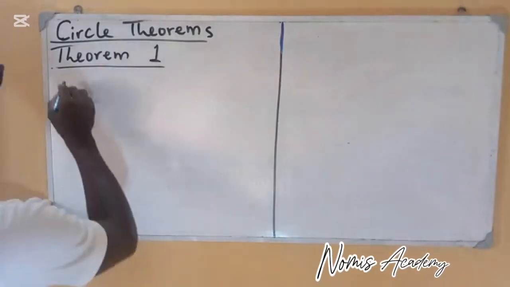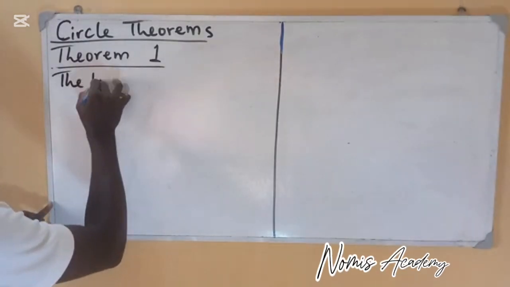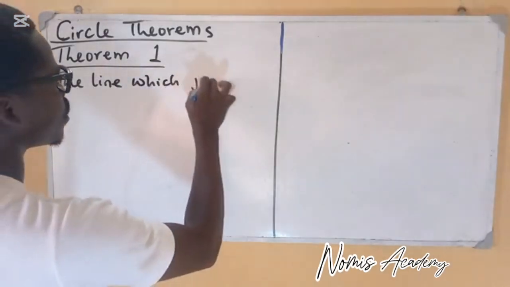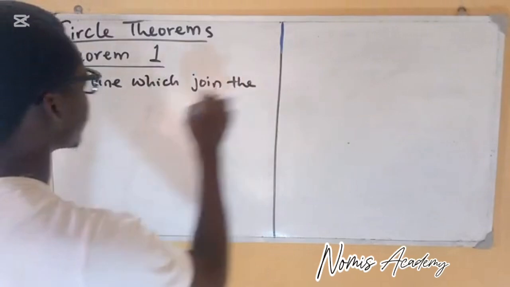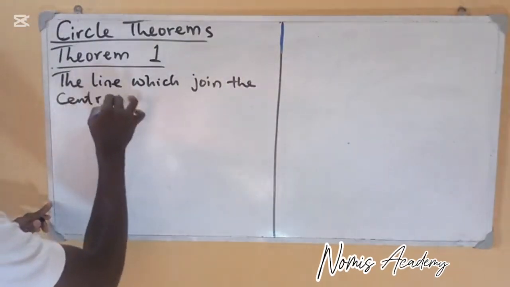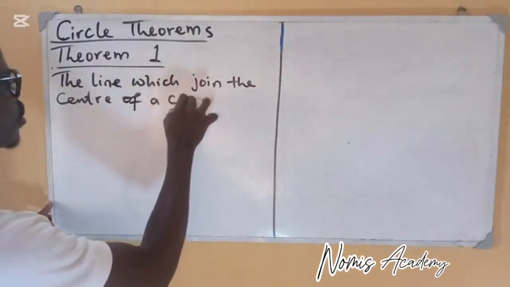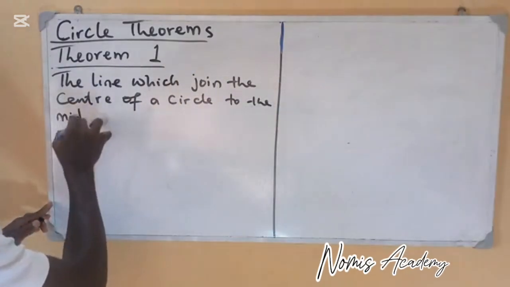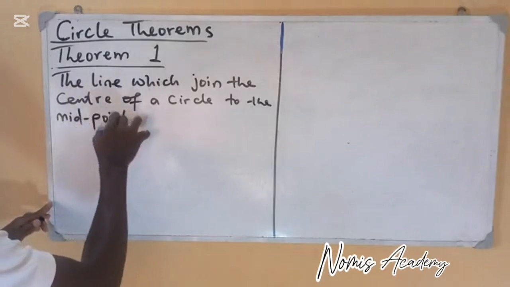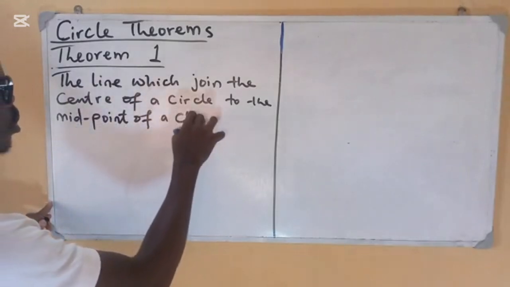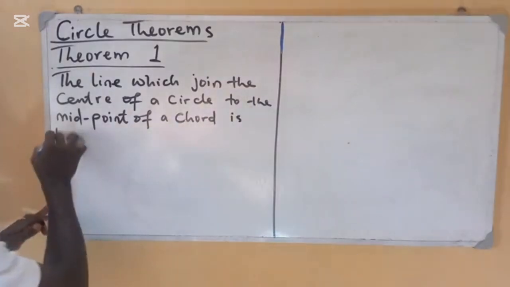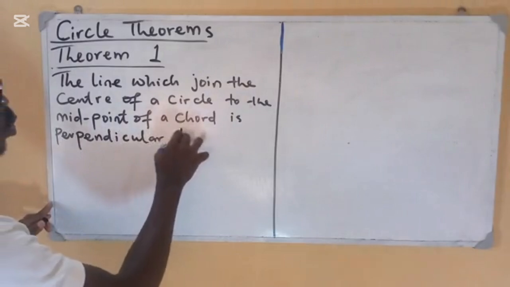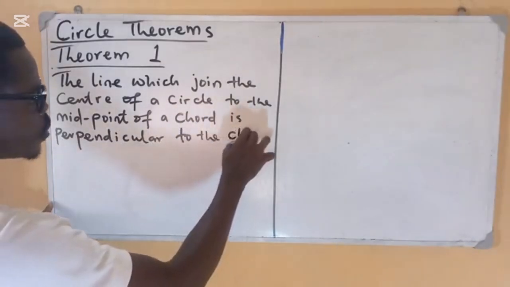So it states that the line which joins the center of a cycle to the midpoint of a chord is perpendicular to the chord.